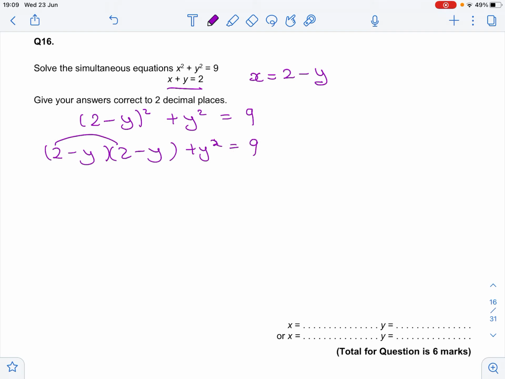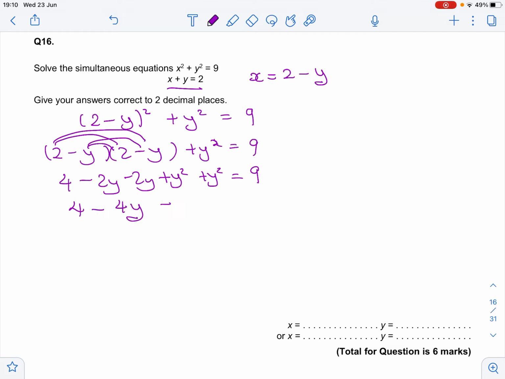Expand our bracket. 2 times 2 is 4. 2 times minus y is minus 2y. Minus 2y plus y squared. Simplify our expression. So I have 4 minus 4y plus 2y squared equals 9.